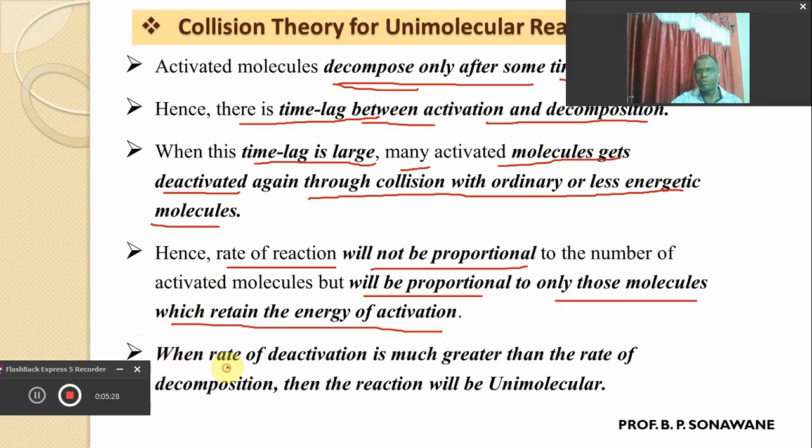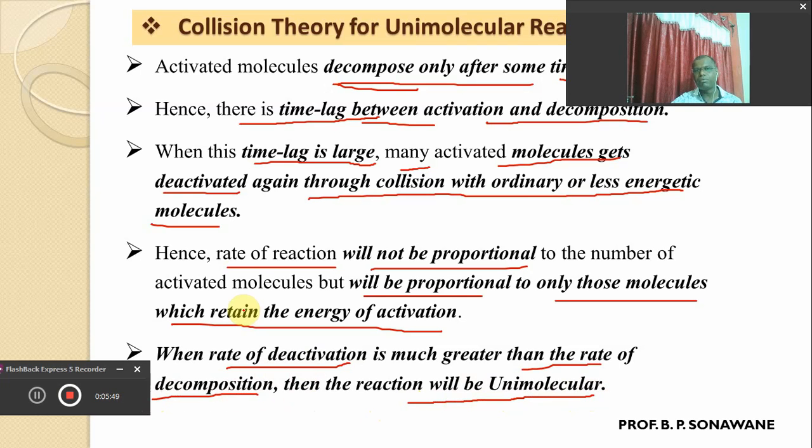And when the rate of deactivation is much greater than the rate of decomposition, that is nothing but the reverse reaction. If the rate of deactivation is much greater than the rate of decomposition into product, then the reaction will be unimolecular.